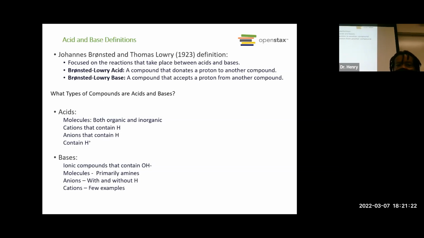Johannes Bronsted and Thomas Lowry basically gave a definition where a Bronsted-Lowry acid is a compound that donates a proton to another compound. They did this a little differently because at first we were just looking at it as H+ or the hydronium ion, and that's it.